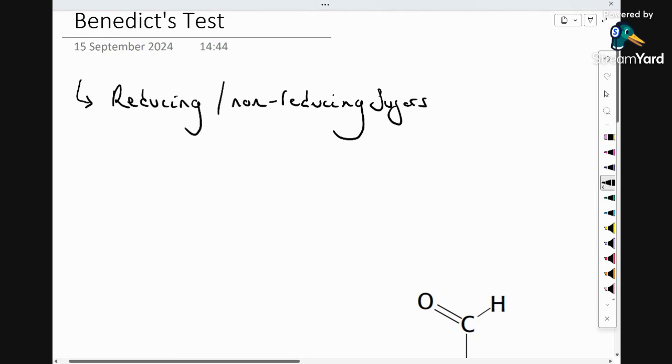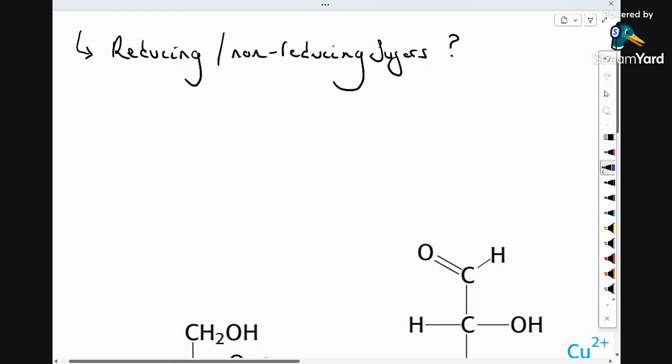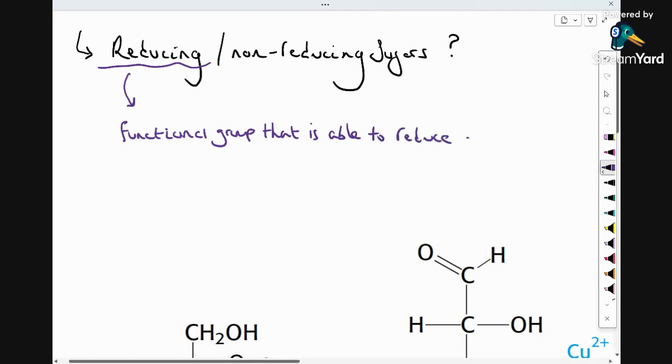Now, what do I mean by this? And it's quite important that you understand what we mean by a reducing sugar. Essentially, a reducing sugar quite literally means that the sugar has a functional group within the molecule that is able to reduce another compound.